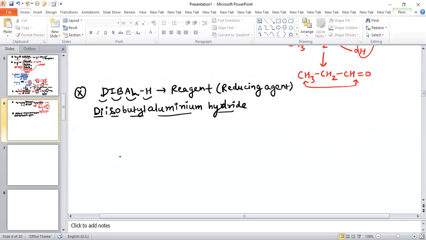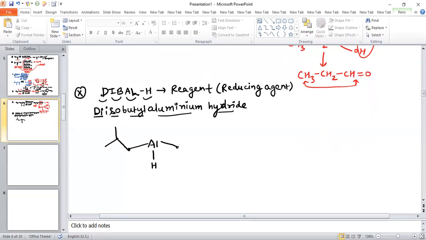You can also see the structure of this compound. This is aluminium, and on this aluminium hydrogen is there in the form of hydride, and there is an isobutyl group present, and there is also another isobutyl group present. This is the isobutyl group. How can you identify this isobutyl group?